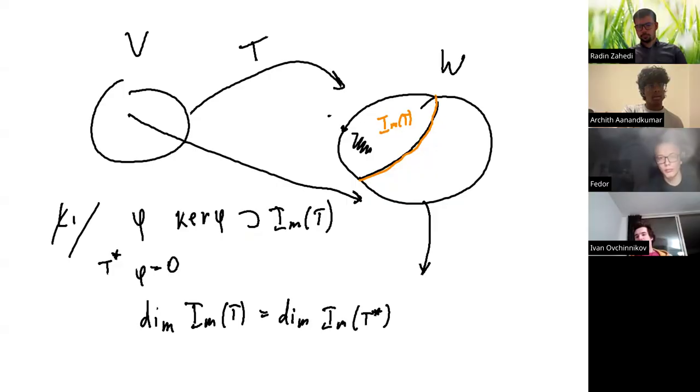Another comment that I want to reiterate about the dual space is that everything that we have talked about so far really hinges on the fact that V is finite dimensional. If V is not finite dimensional, which is often the case in quantum mechanics, V is not always isomorphic to V star.